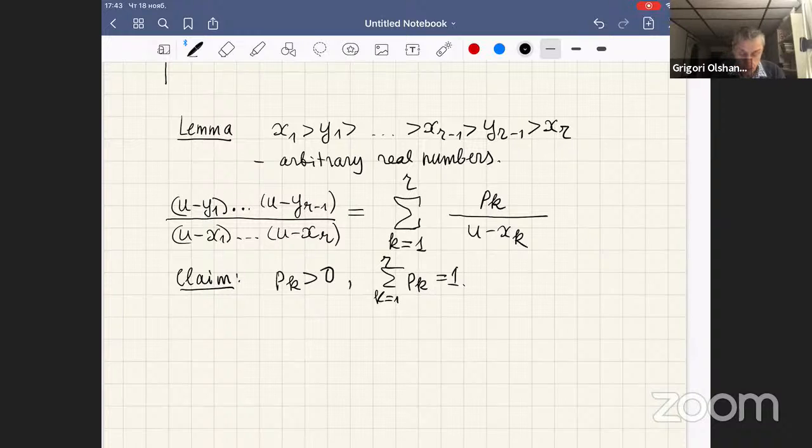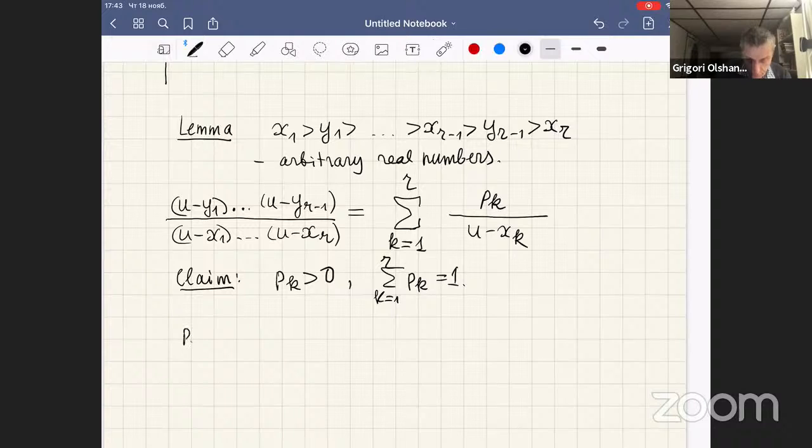So why are they positive? It's simply because we can compute these coefficients by taking residues. So what is the residue?